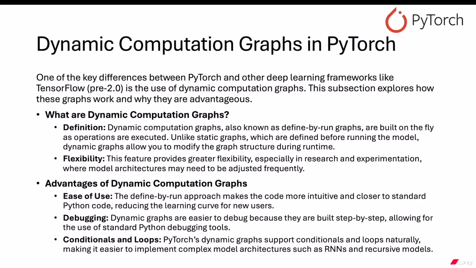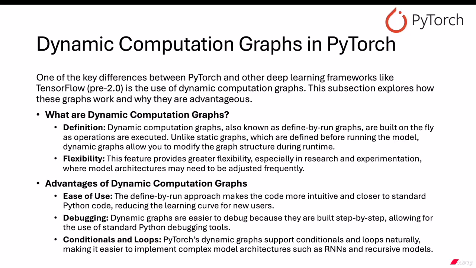Dynamic computation graphs in PyTorch. One of the key differences between PyTorch and other deep learning frameworks like TensorFlow pre 2.0 is the use of dynamic computational graphs. This subsection explores how these graphs work and why they are advantageous. What are dynamic computation graphs? Dynamic computation graphs, also known as define-by-run graphs, are built on the fly as operations are executed.